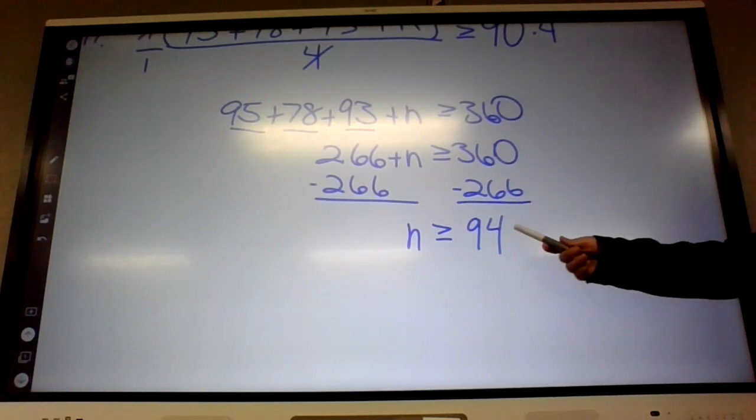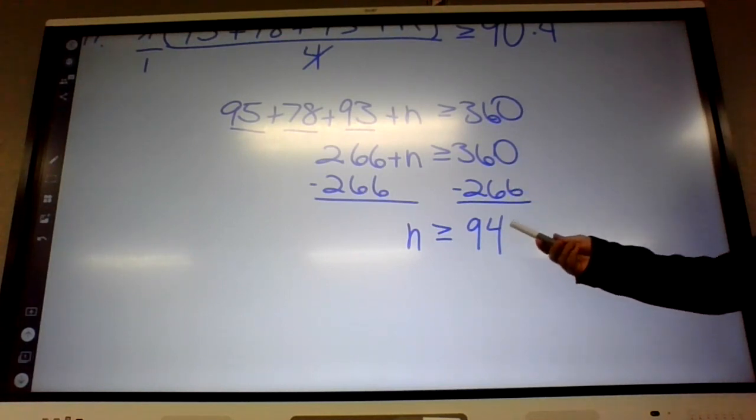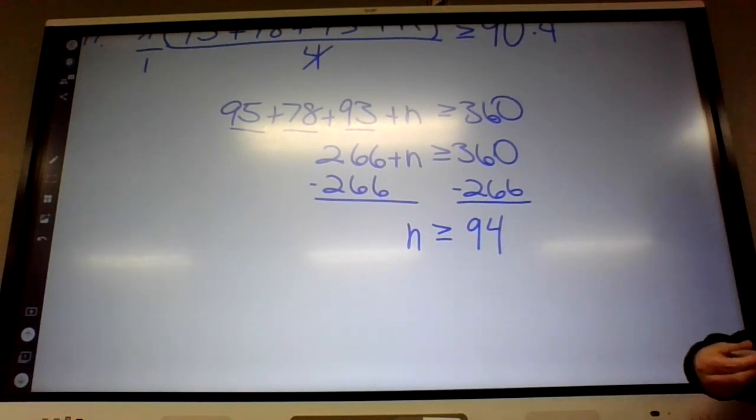So what does this answer mean? Means he needs a 94 on his test. Right, he needs at least a 94 on his test to get an A in the class.